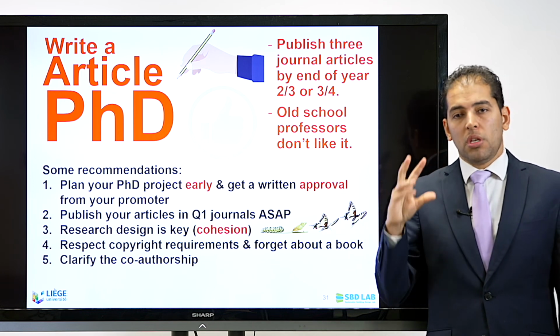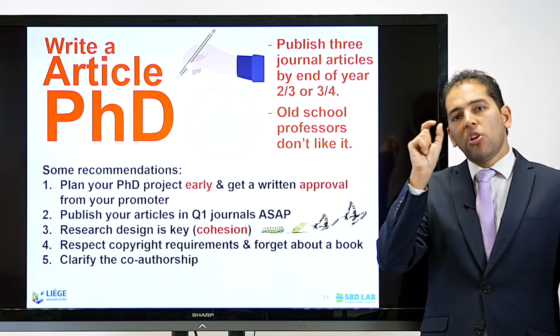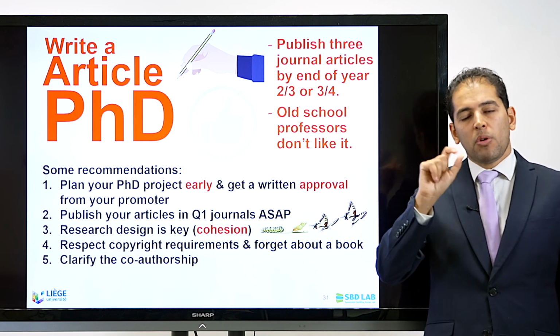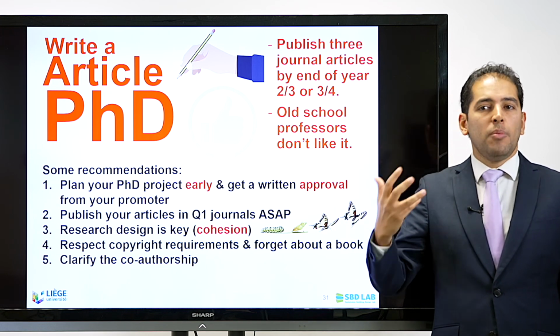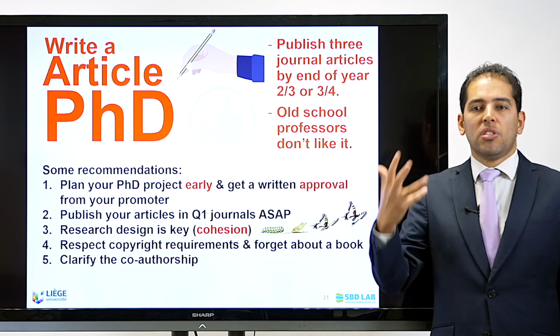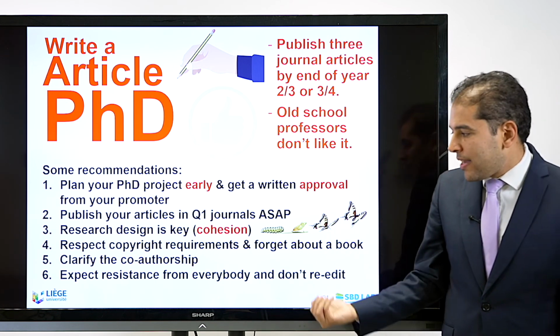And today, most journals already include a part that mentions the roles of every contributor of the paper in the co-authorship chain, so that anybody who is inspecting or not trusting that you did this work can be assured. And for sure, expect resistance.